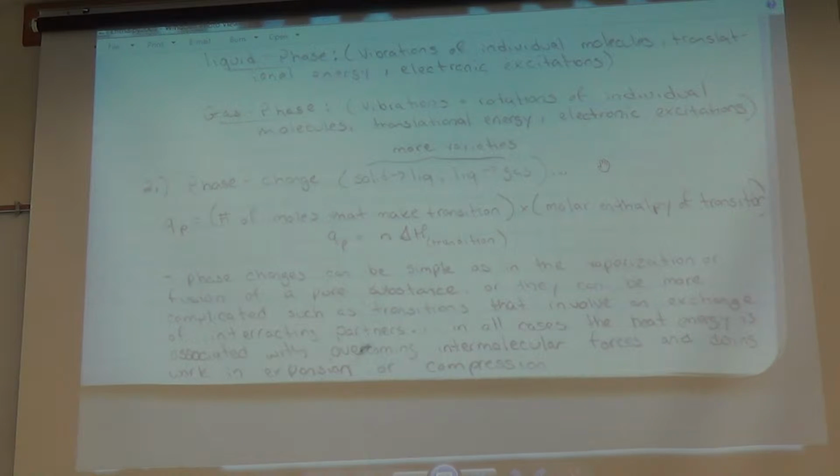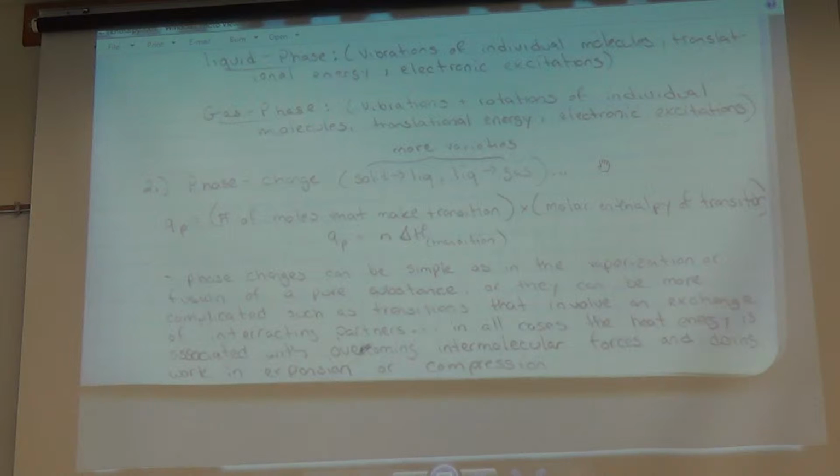But we did mention that when a molecule moves from one specific electronic environment into another one, for instance, the dissolving of an ionic solid into water, that's a change in phase. It's moving from one phase to another, and the two phases will have differing intermolecular interactions.